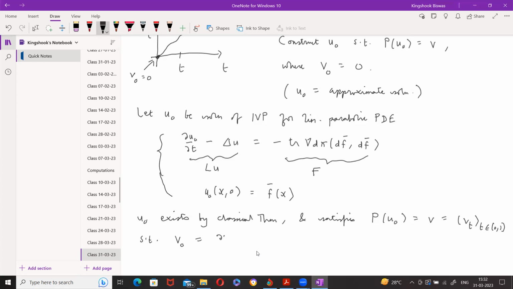So that is del u naught del t minus Laplacian u minus trace of nabla d pi du naught du naught, the whole thing at time t equal to 0. Sorry, not u bar, this is u naught, du naught, du naught.